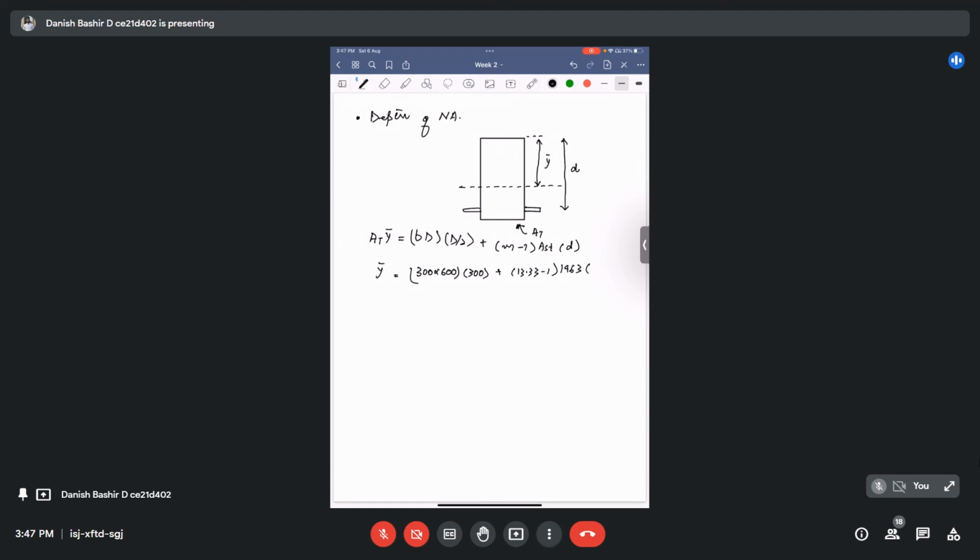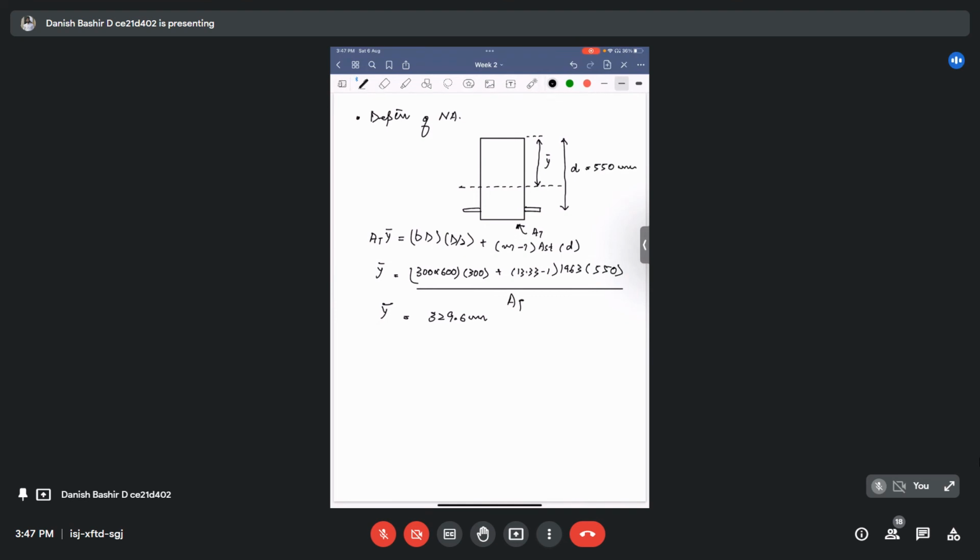Effective depth we didn't calculate now, so let's assume effective depth 550 mm, into 550, divided by AT transformed, which we calculated. When we calculate this, we get the value of y bar as 329.6 mm.